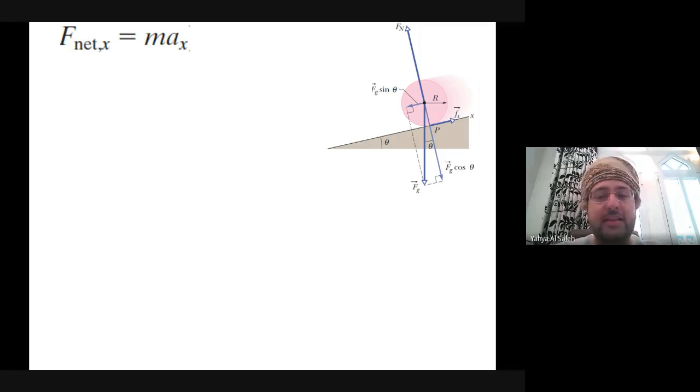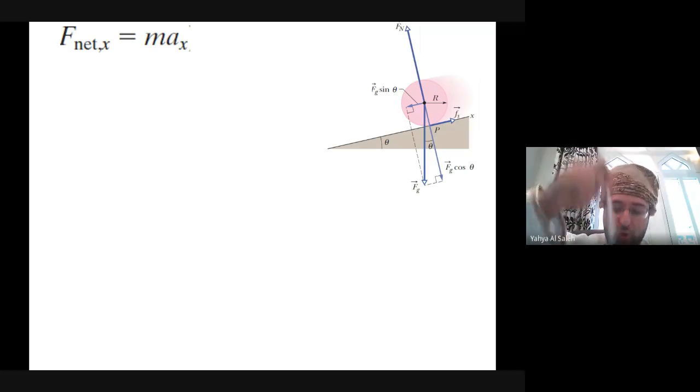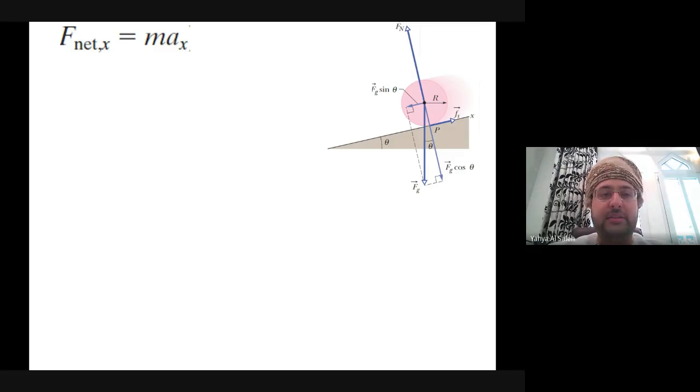Now, in the y-axis, my net force is 0. It's not floating up. It's not going through. F net y is 0. In the x-axis, though, it is moving. It is accelerating. So F net equals ma in the x-axis.